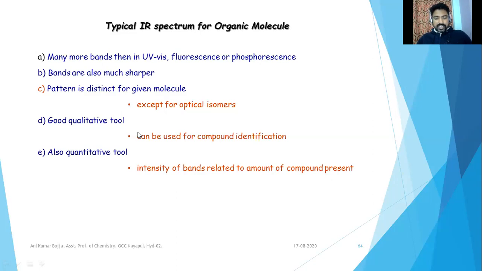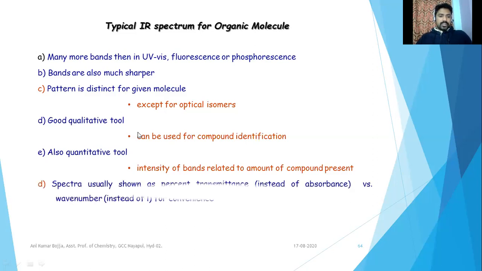A band means a signal obtained in UV visible spectroscopy or IR spectroscopy. It is a quantitative tool because the signal intensity or band intensity is related to the amount of compound present in the sample. If we get more intense bands, that indicates the presence of that functional group is more, meaning the quantity of the compound with that functional group is more.